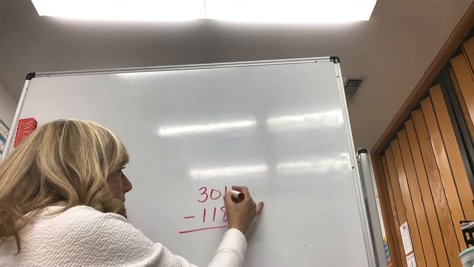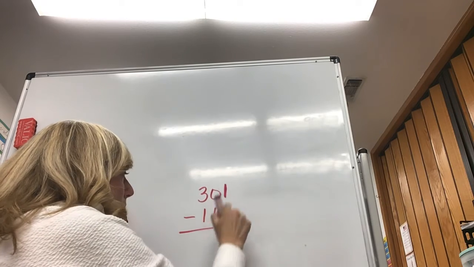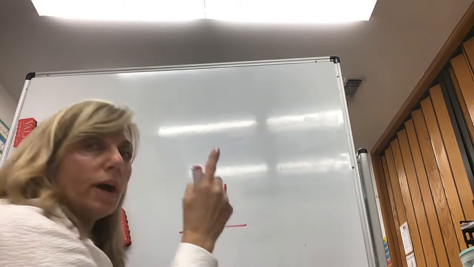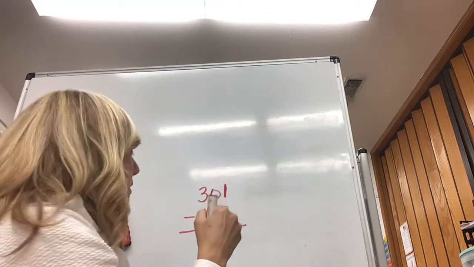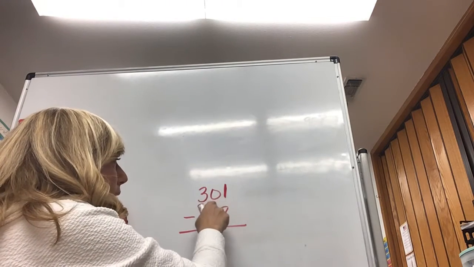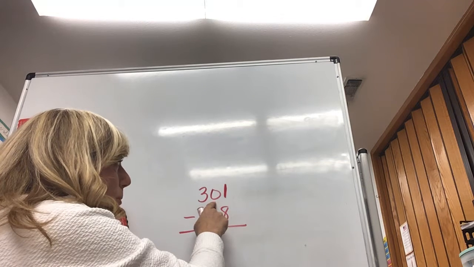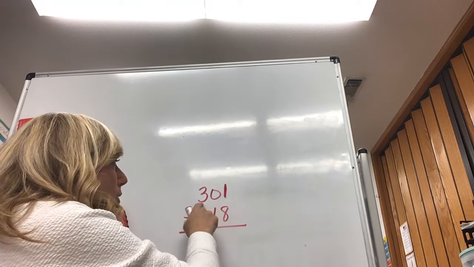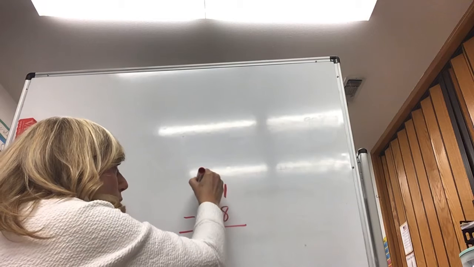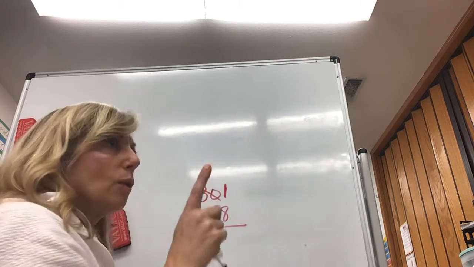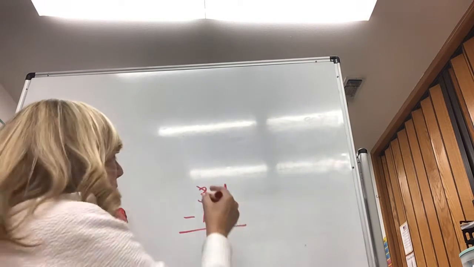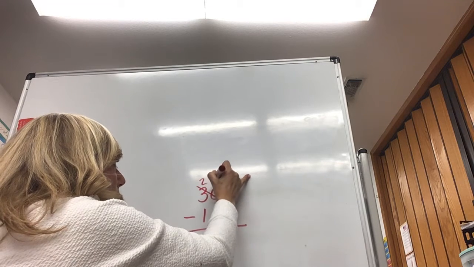If I have 1 and I can't take away 8 from 1, I've got to borrow from the one next door. But I can't borrow anything from the one next door because they don't have any. So then I've got to go to the next one. So I take from the whole 30. If I take 1 away from 30, it gives me 29 up here.